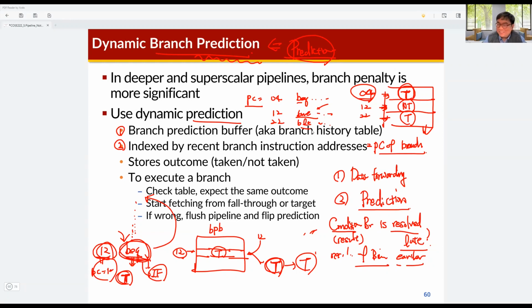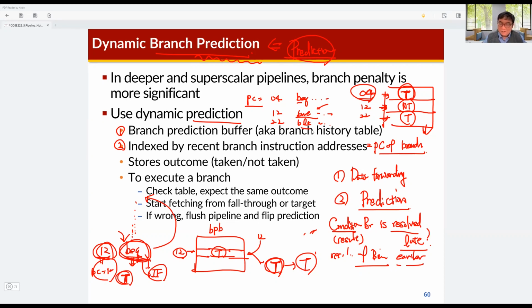Yeah, this is a little bit tricky part, because you are learning prediction technology for the first time. This is the prediction technology in processor architecture, but this technique is frequently used also in our real life.